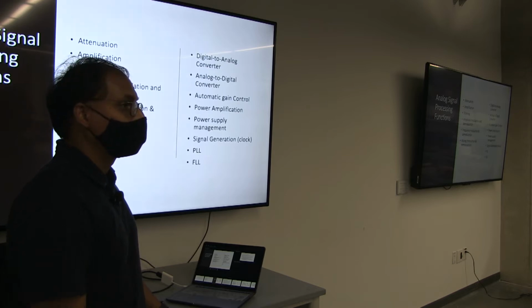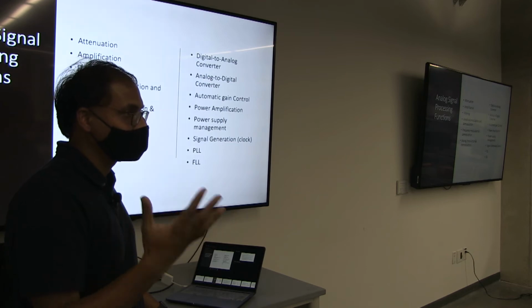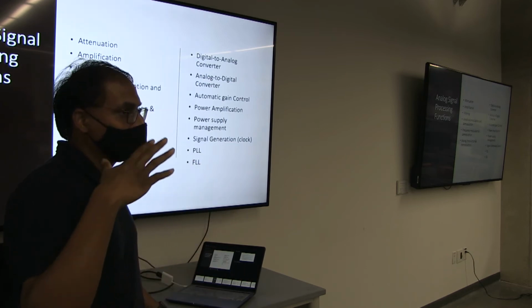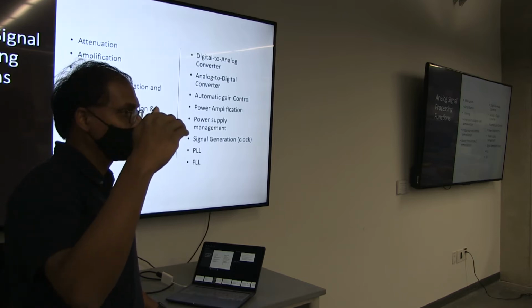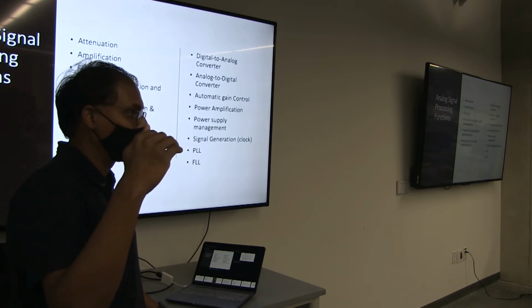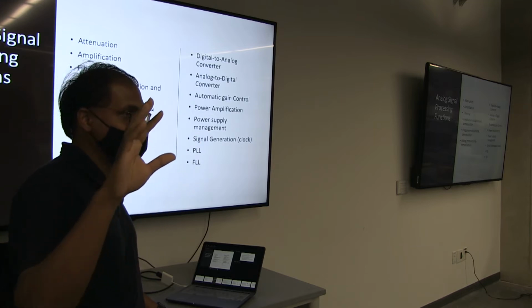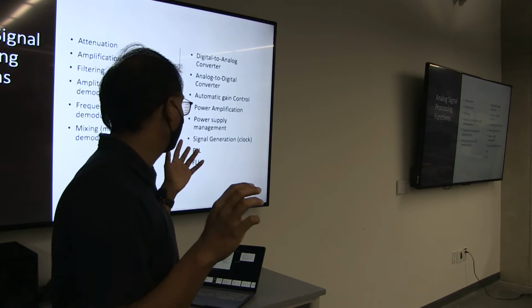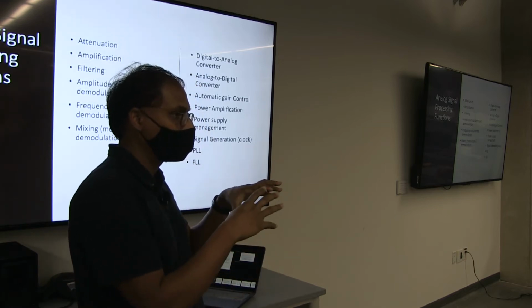Then automatic gain control is a very key block. We do not want to saturate a signal chain. Saturating a signal chain means, if we have a voltage swing from say 0.3 volt to 0.9 volt, we want to stay in between and make sure the entire signal chain is functioning. So the automatic gain control will make sure that no block is saturated and everything is in the operation region.